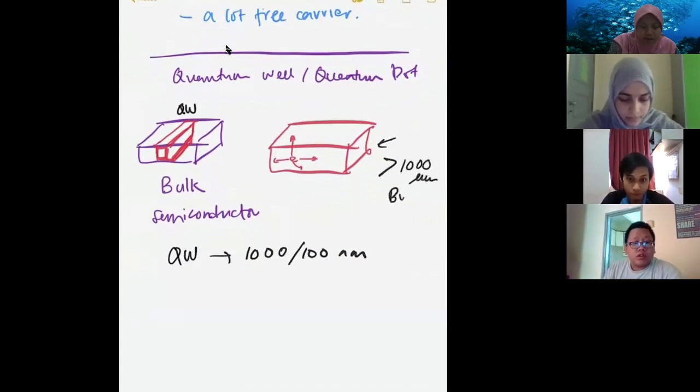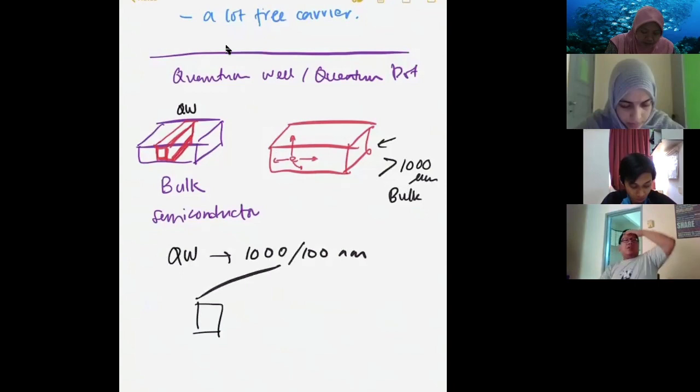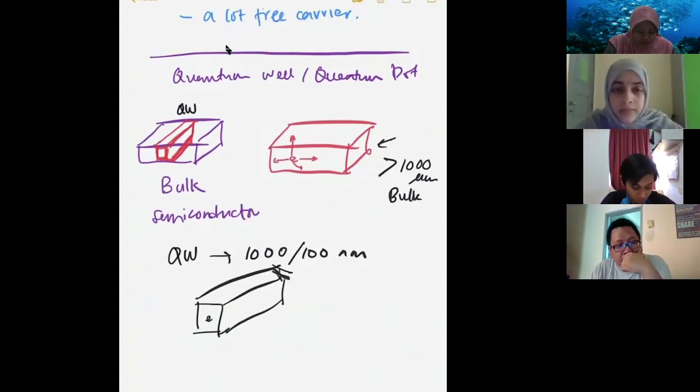For a quantum well, if you cut it and make it smaller, to around 100 nanometers in dimension, the free carrier can only move in two directions. So the electron can move in this direction and also in this direction.